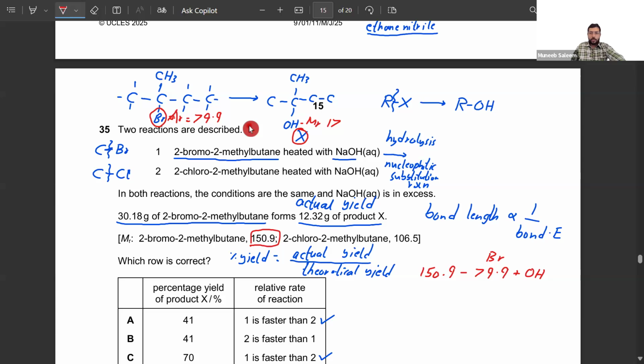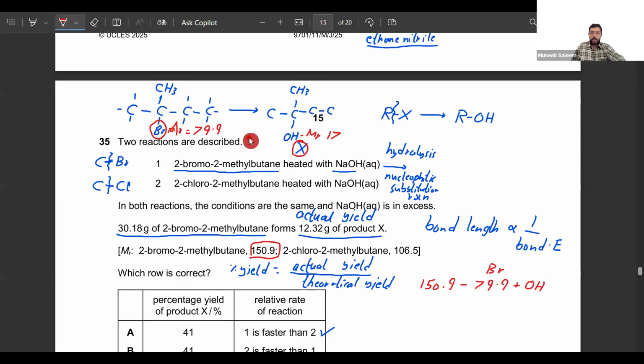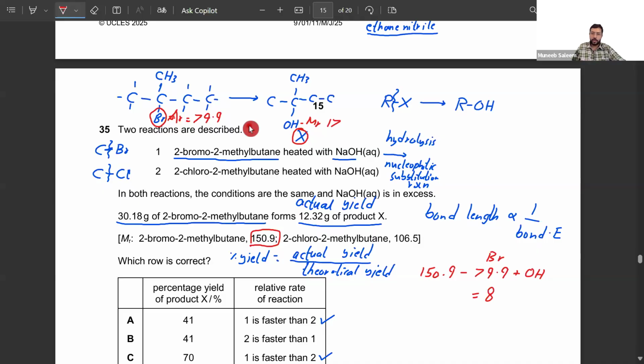When you do the calculation, the Mr value of this compound comes out to be 88. That means compound X has an Mr value equal to 88.